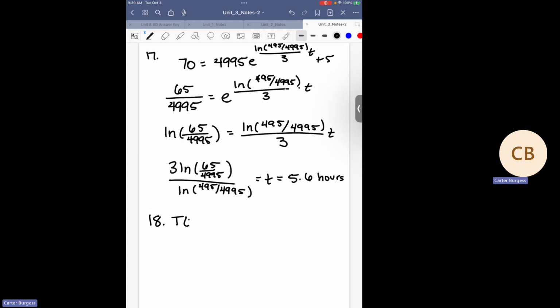We're looking for T of 24, which is going to be 4995 e to the ln of 495 over 4995 over 3 times 24 plus 5, for which I get that this is going to be effectively 5 degrees.